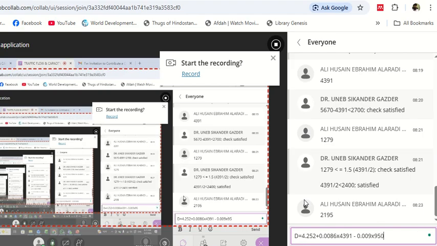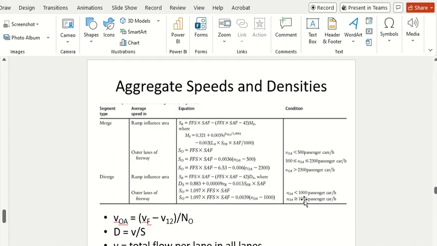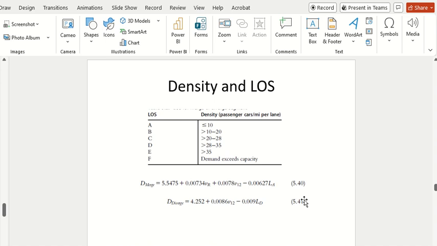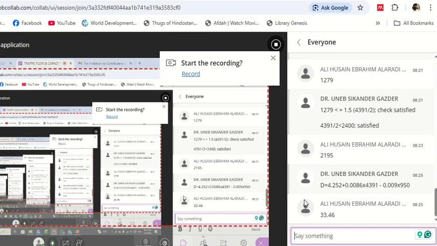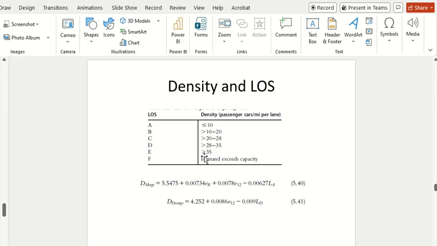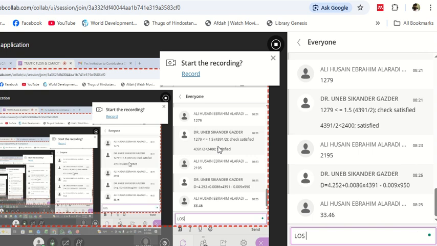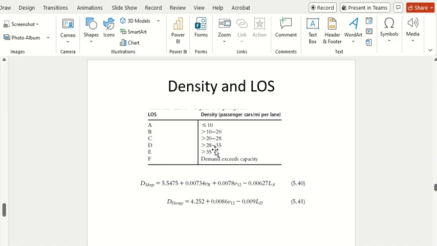Okay, how much is the density? So according to this density, my level of service is D. This value is between 28 and 35.